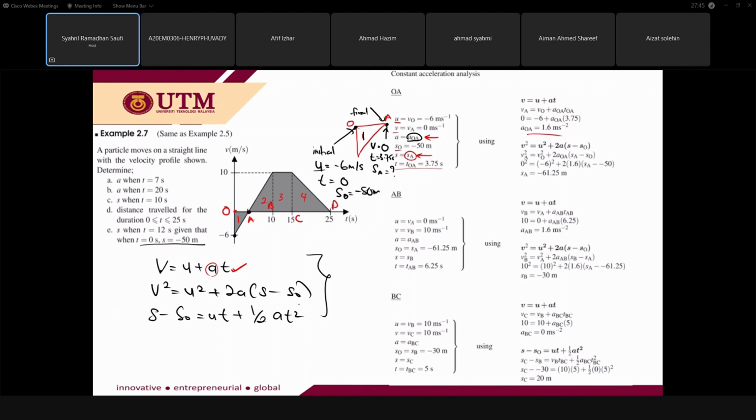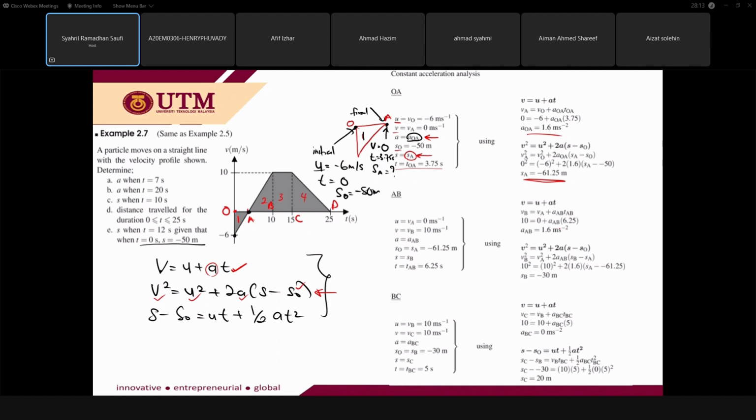It's better to use this equation, because you know V, you know U, and also acceleration and the initial displacement. If you substitute the values into this equation, you get SA, the displacement at point A.